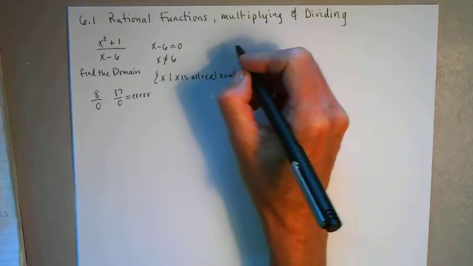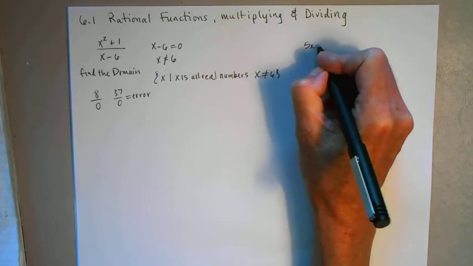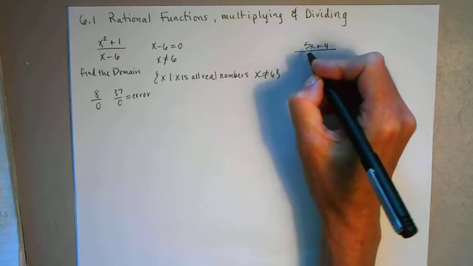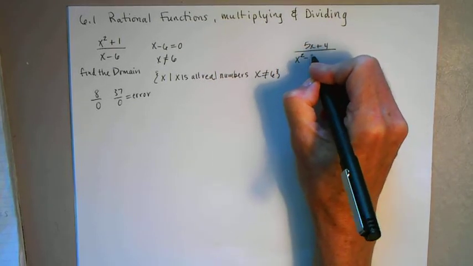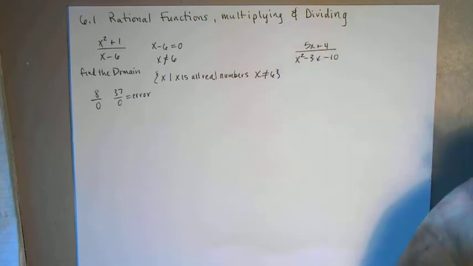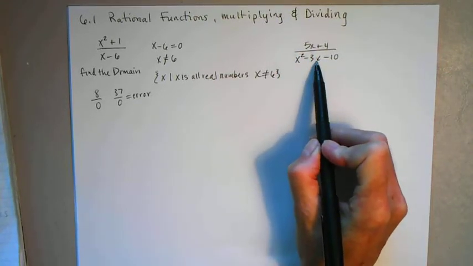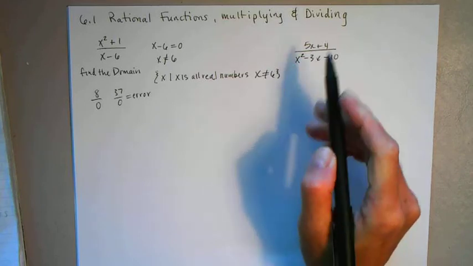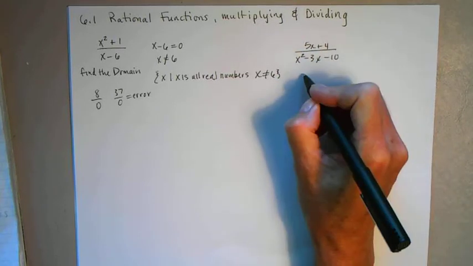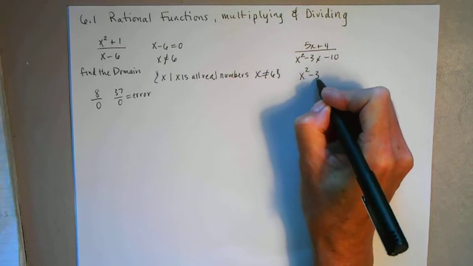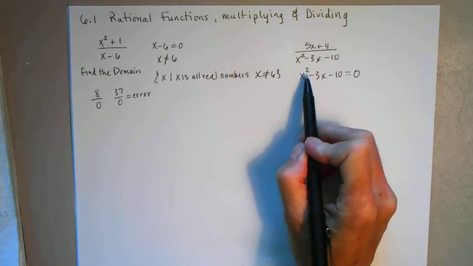So let's try this one. Let's say I give you 5x plus 4 divided by x squared minus 3x minus 10. Once again, we need to figure out what x value we would plug in that would cause it to equal 0. We can do that by setting that denominator equal to 0. And guess what that means we're doing?